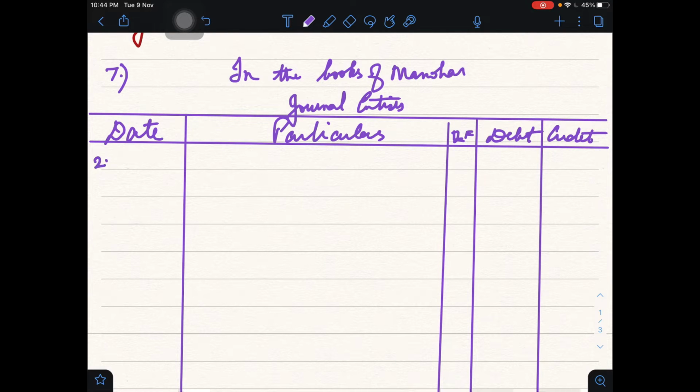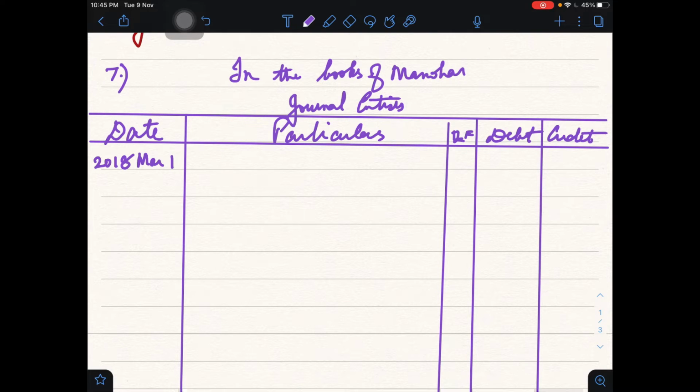2018 March 1st. Here you can see that Manohar started business with rupees 60,000. What are the two accounts here? One is Manohar's capital, and he is giving this capital in the form of cash. The nature of Manohar's capital is personal because he is the giver. So in the personal account, understand Manohar as the giver.